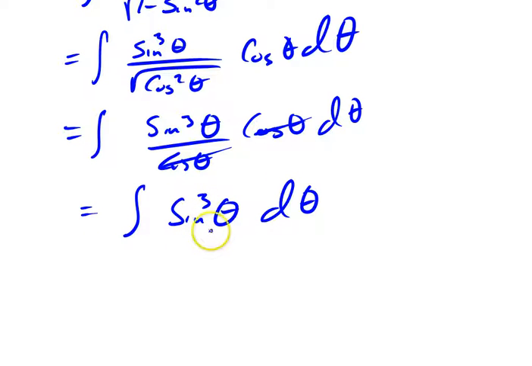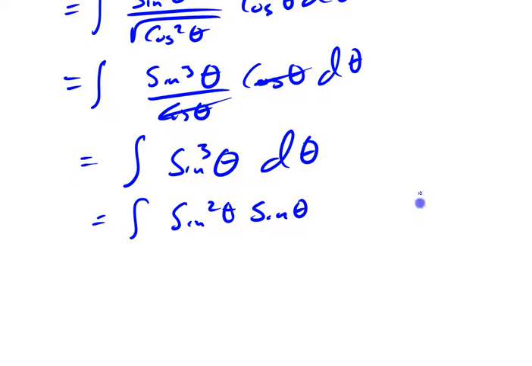Now this is very much like out of section 7.2. The way I would do this is I would write this as sine squared theta times sine theta. I would substitute sine squared theta as 1 minus cosine squared theta.